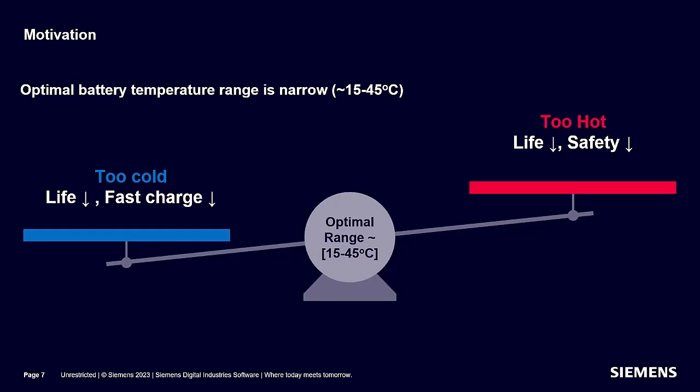To maintain optimal performance and prevent any potential hazards, it is crucial to operate battery cells within a specific temperature range. Failure to do so can result in overheating, which may lead to battery fires, posing significant risk to the consumer. Maintaining the battery temperature within a tight window of optimality is difficult but crucial.